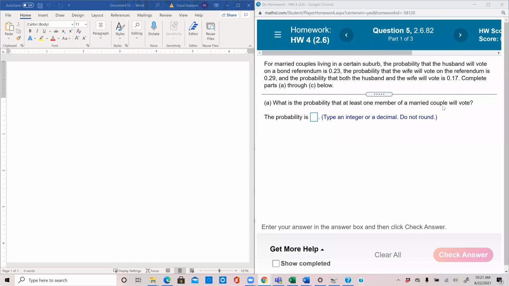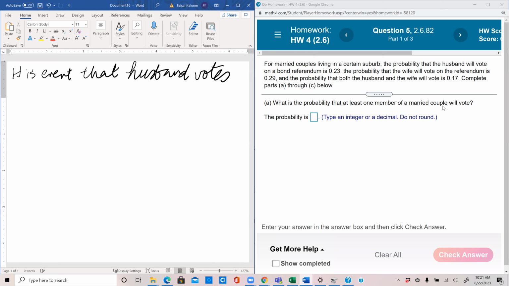For married couples living in a certain suburb, the probability that the husband will vote on a referendum is 0.23. So let H be the event that the husband votes, and W is the event that the wife votes.